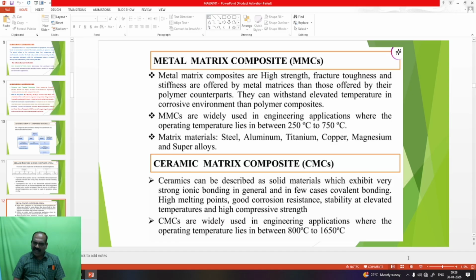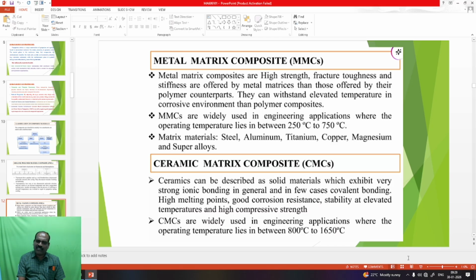And ceramic matrix composites. Ceramics can be described as solid materials which exhibit very strong ionic bonding in general, and in a few cases covalent bonding. High melting points, good corrosion resistance, stability at elevated temperatures, and high compressive strength are the advantages of ceramic composite materials.